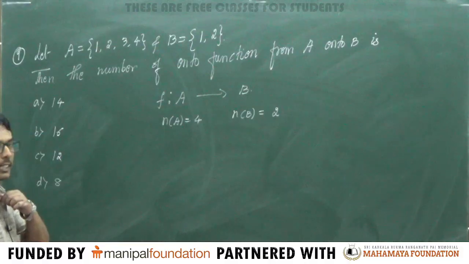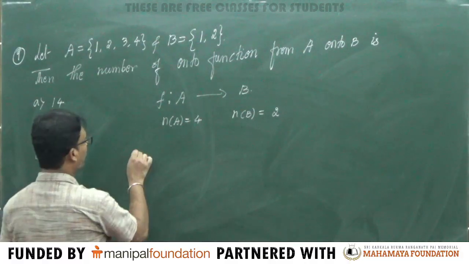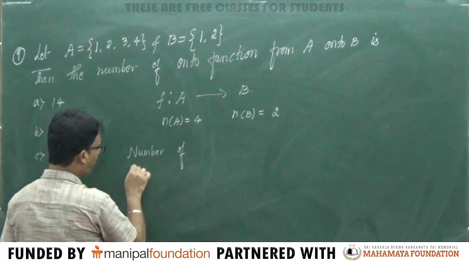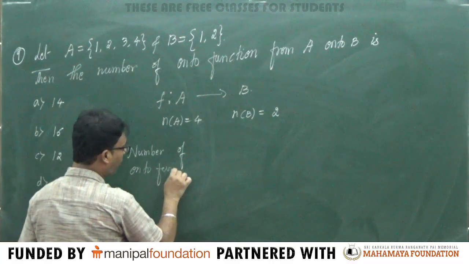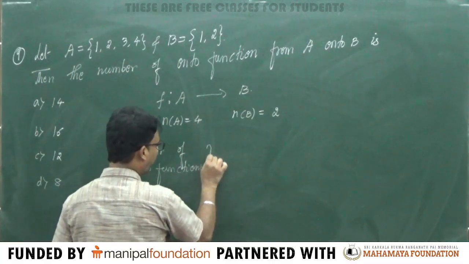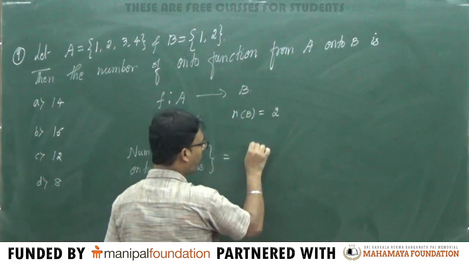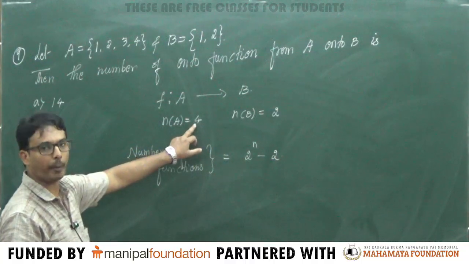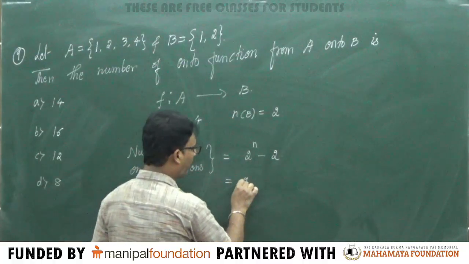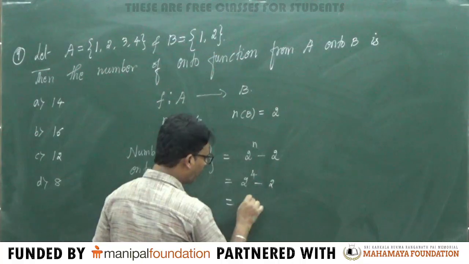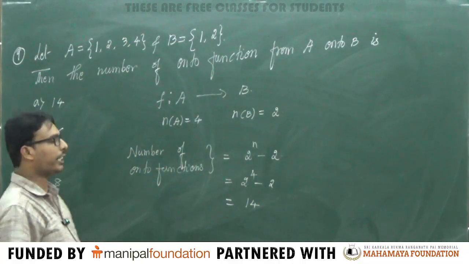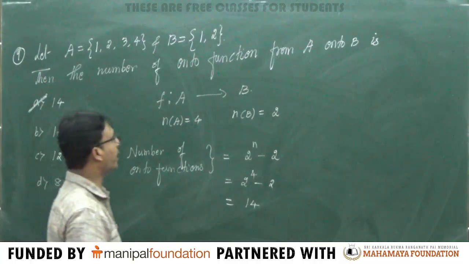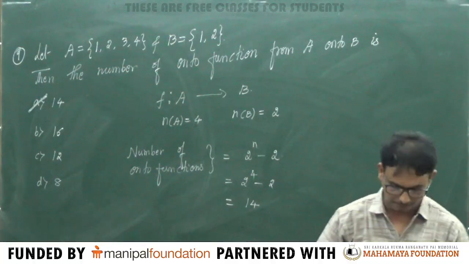If the codomain set contains exactly 2 elements, then the number of onto functions is given by the formula 2 to the power of n minus 2, where n is the number of elements present in the domain set. It is equal to 2 to the power of 4 minus 2. So 2 power 4 is 16, 16 minus 2 is 14. Therefore, the number of onto functions from the set A to B is 14.